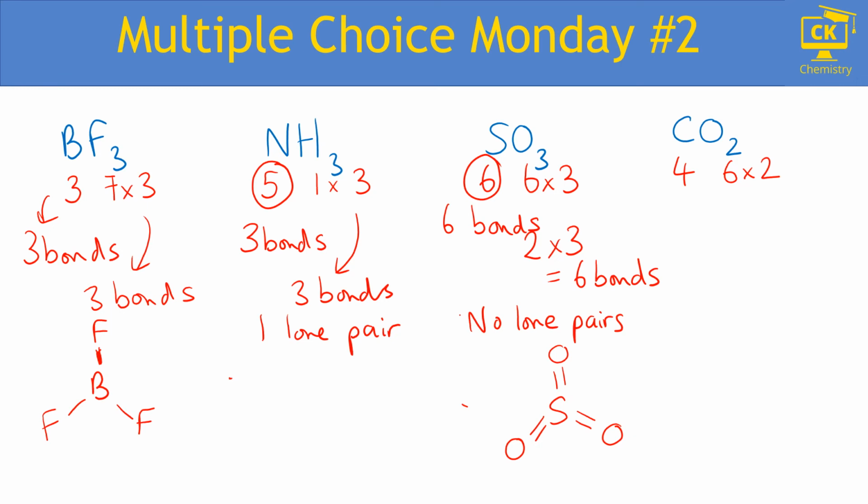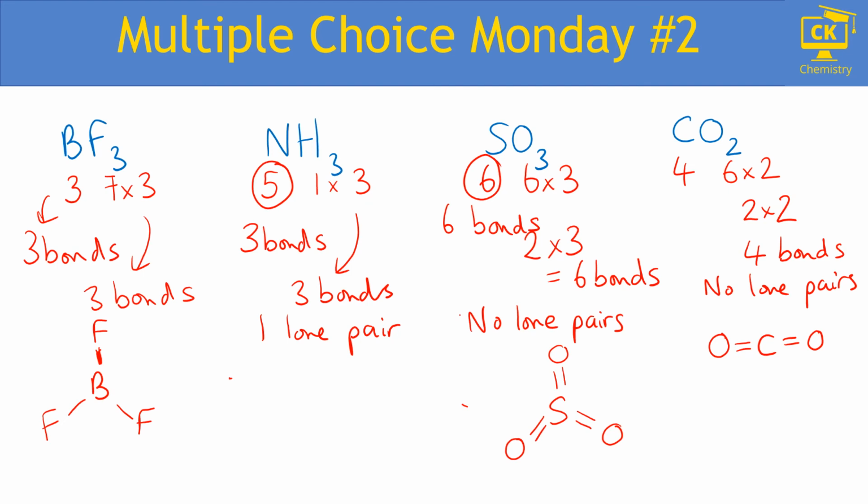CO2 is going to be a similar situation. There are going to be 2 double bonds, so there are 4 bonds, and that means that there are no lone pairs because carbon is using all of its electrons in bonding. In fact, 99 times out of 100, unless you're doing a weird sort of mechanism question, carbon will always be sharing all of its electrons and will not have a lone pair around it.